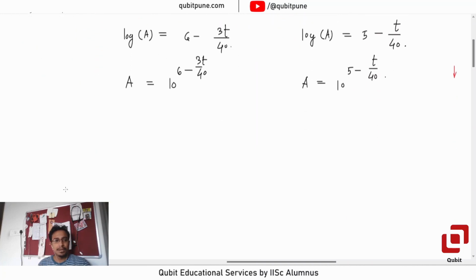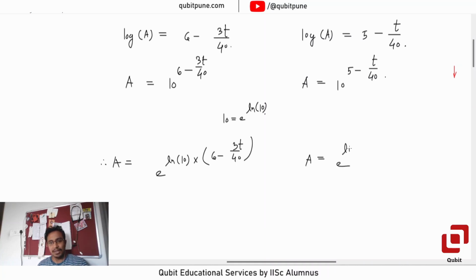Now we know that 10 is actually e raised to ln 10. Therefore A is equal to e raised to ln 10 into 6 minus 3t by 40, and here A is e raised to ln 10 into 5 minus t by 40.